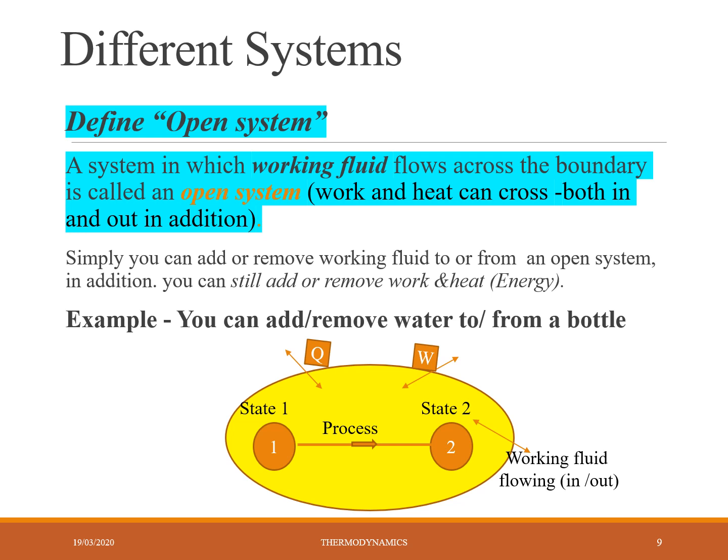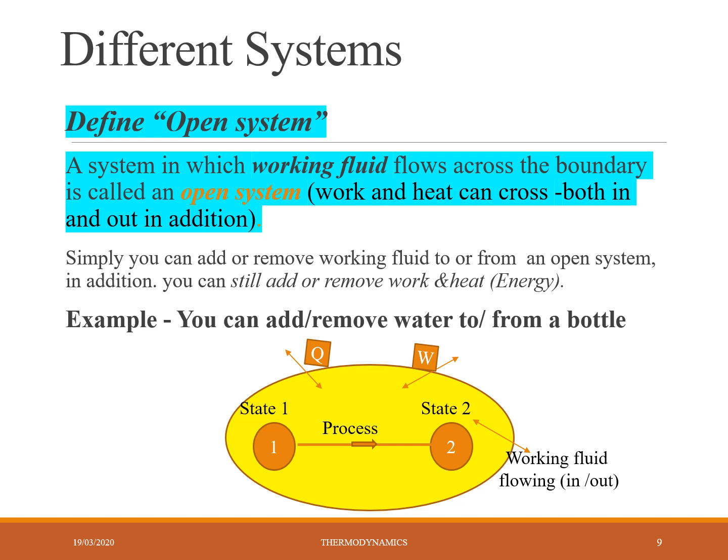Simply, you can add or remove working fluid to or from an open system. In addition, you can still add or remove work and heat. That means energy. I think you need another example for this. You take the same water bottle with a cup.